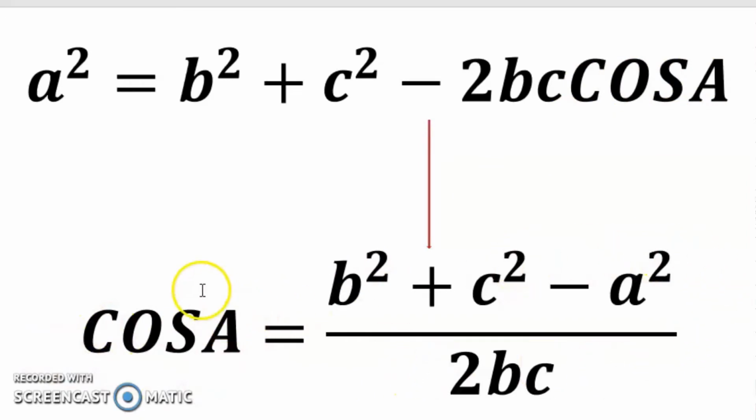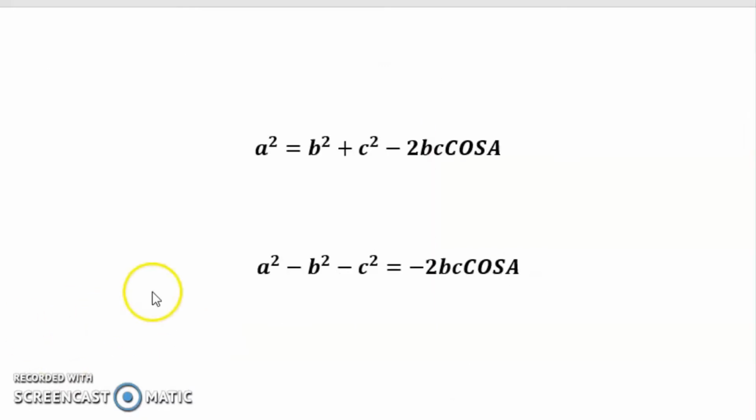Now, let's see how we arrived at cos A. If we have a squared is equal to b squared plus c squared minus 2bc cos a. Now, the first thing we are going to do here is I want to take plus b squared to the other side. I want to take plus c squared to the other side.